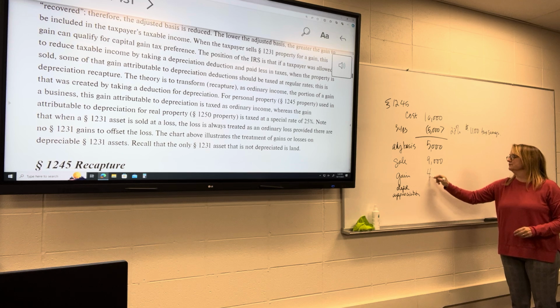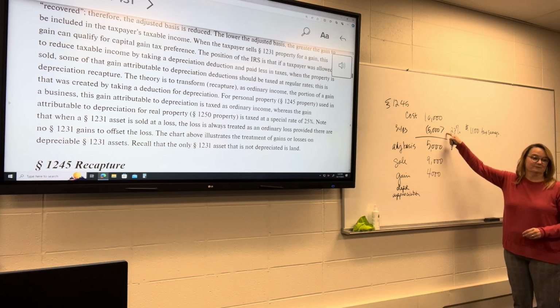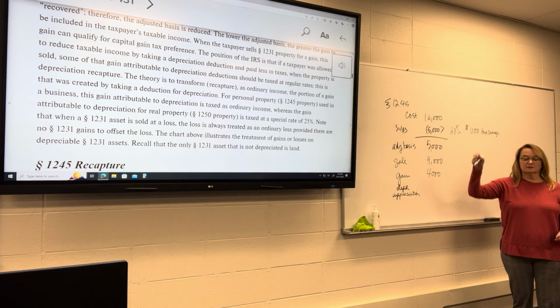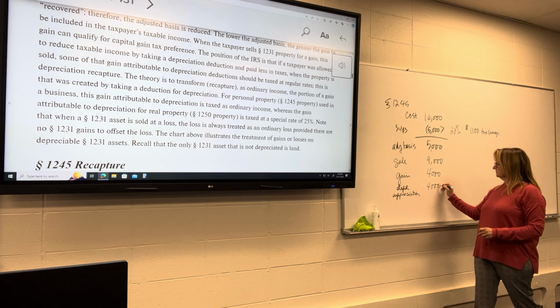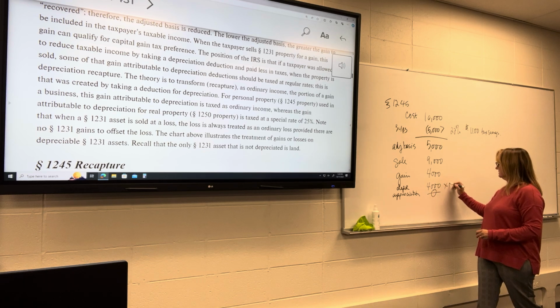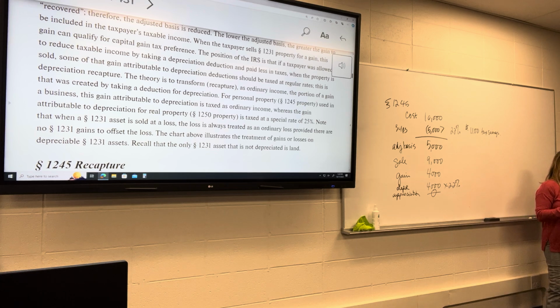You have a gain of $4,000. All of that is attributable to depreciation, so your depreciation portion will be $4,000. There's no appreciation, so that's going to be at whatever your ordinary tax rate is. Does that make sense?